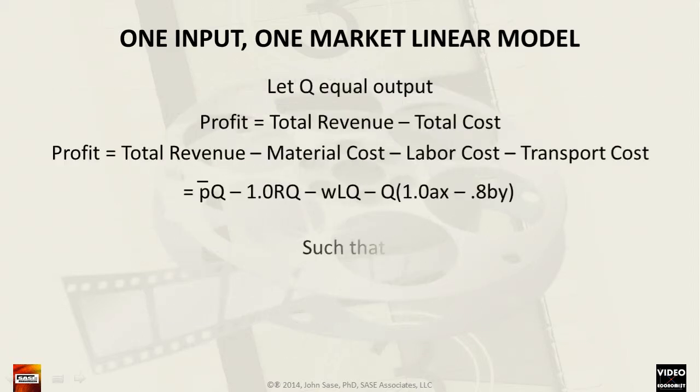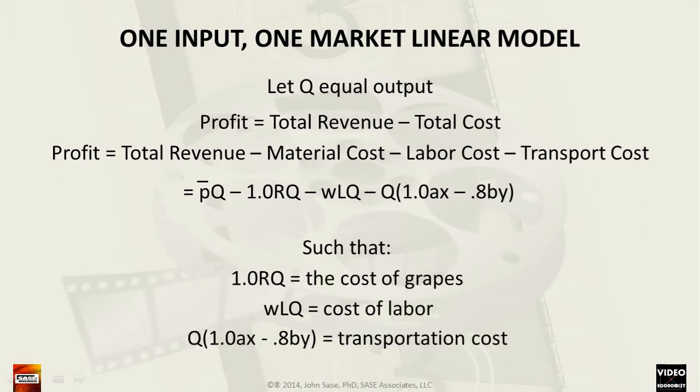Let large Q be the quantity of packaged wine in tons. Profit equals total revenue minus total cost, such that profit equals the total revenue minus material cost, minus labor cost, minus transport cost.